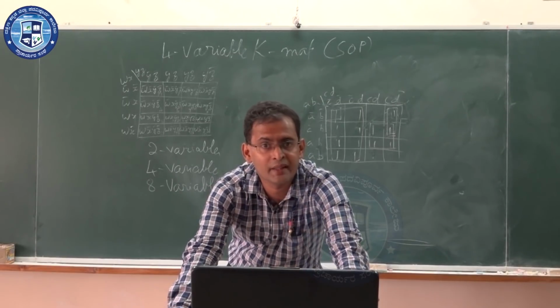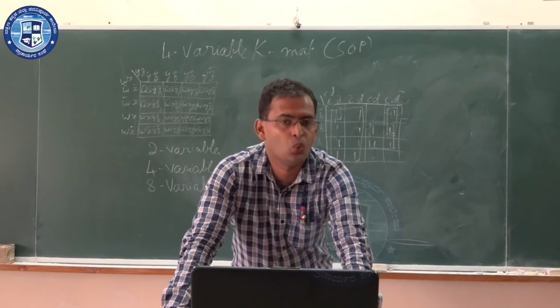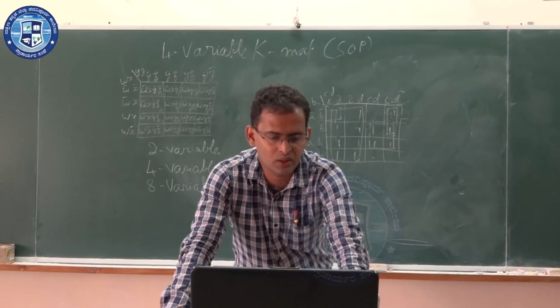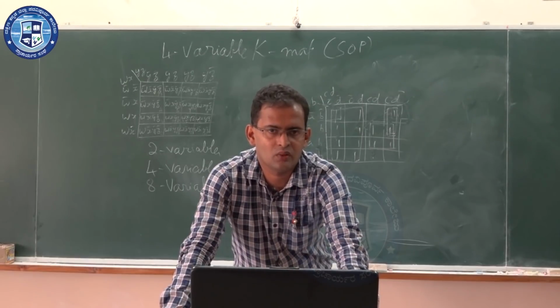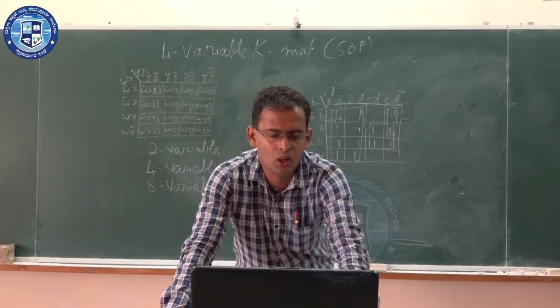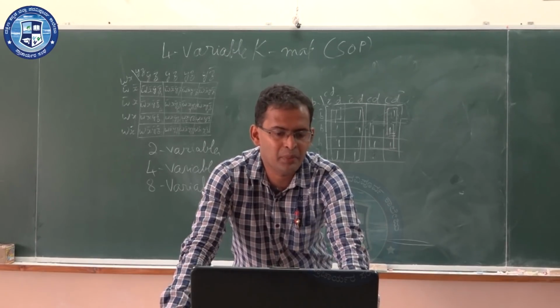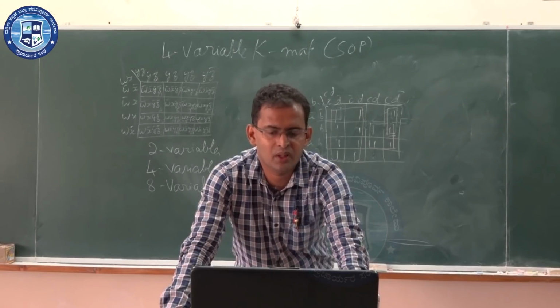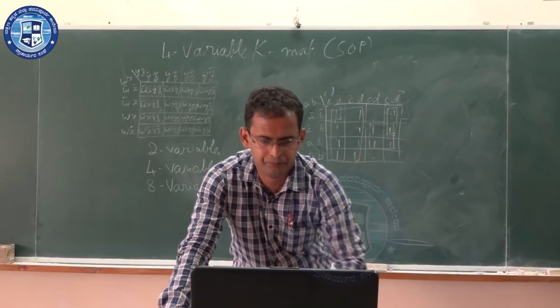So, an octet removes 3 variables and gives you 1 variable as the output, in a 4 variable K map, whereas a quad removes 2 variables and gives you 2 variable output, and a pair removes only a variable and gives you a 3 variable output for a 4 variable K map.